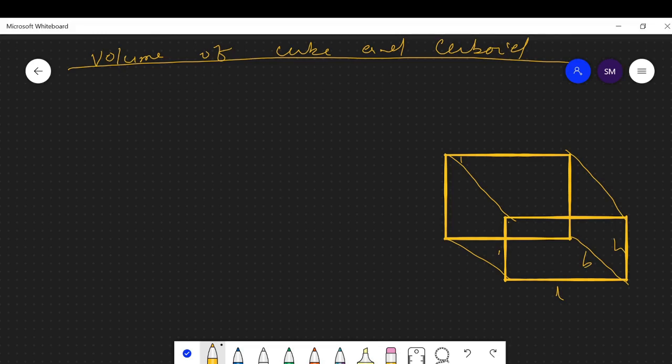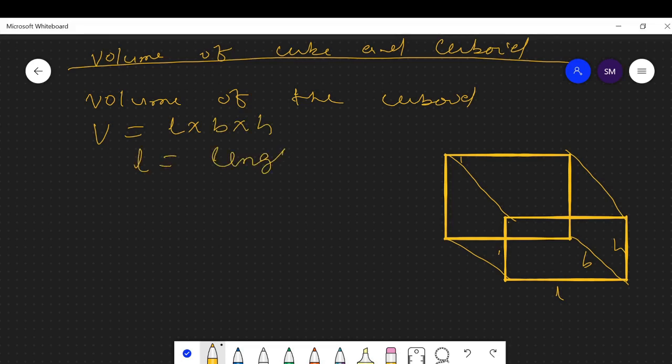Then V is equal to L into B into H, where L is length, B is breadth, and H is height of the cuboid.